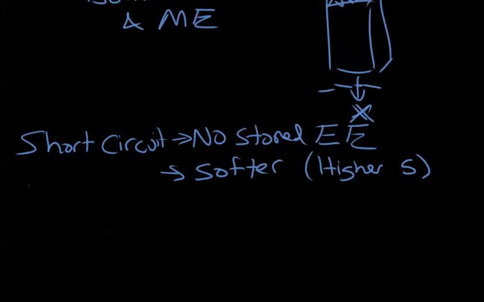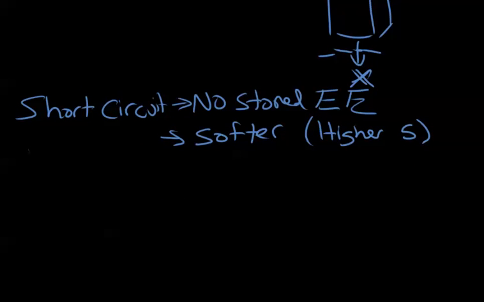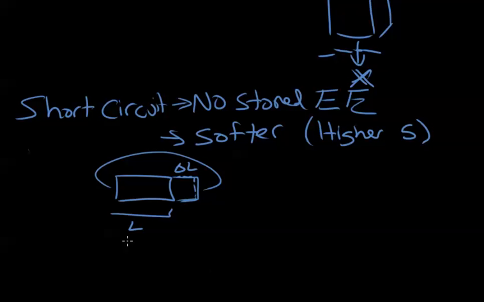And the reason the material seems softer is that, let's say you have a material of length L and you stretch it by delta L. In this case, you won't have to store extra electrical energy because you shorted the sides.